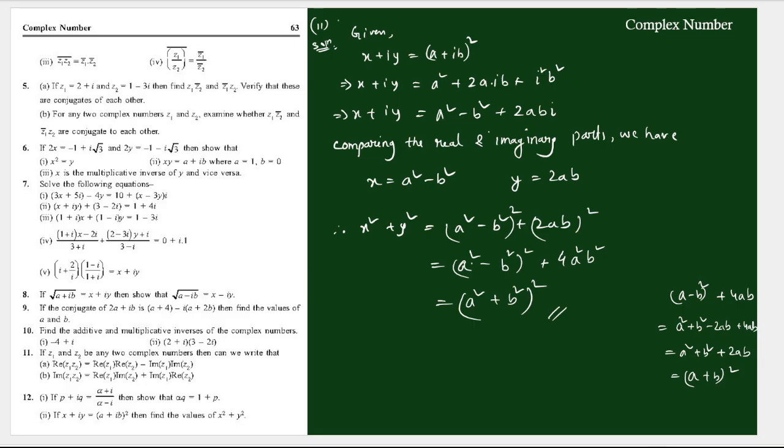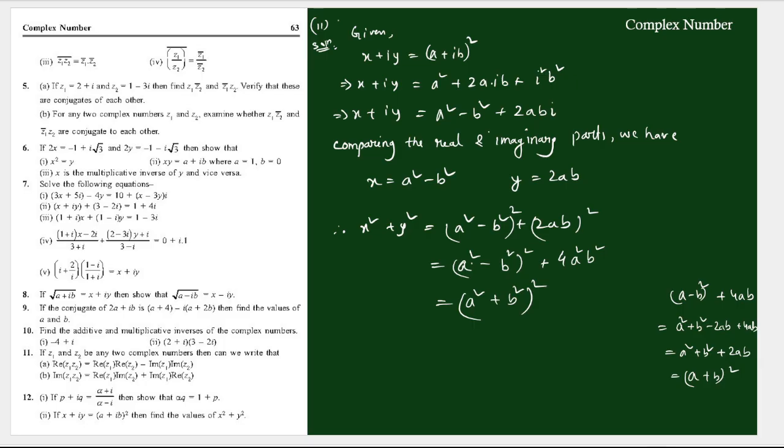So this is your exercise 2.2. Okay, let's keep it as a note so that you will be able to use it.